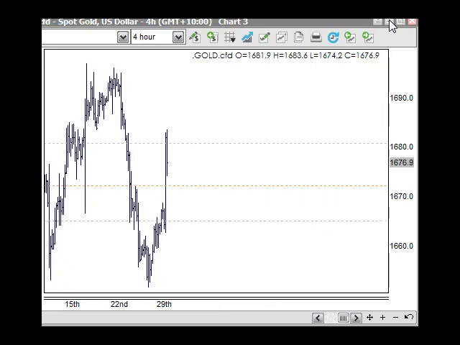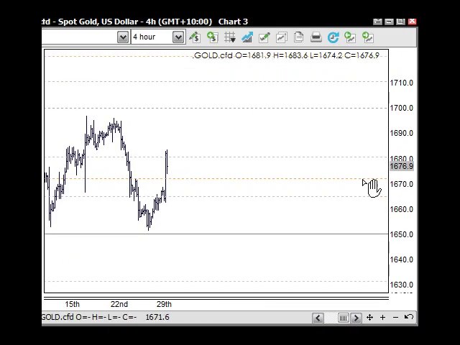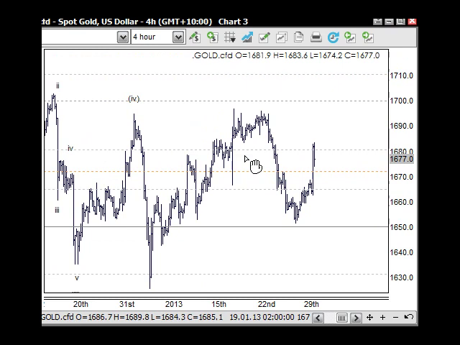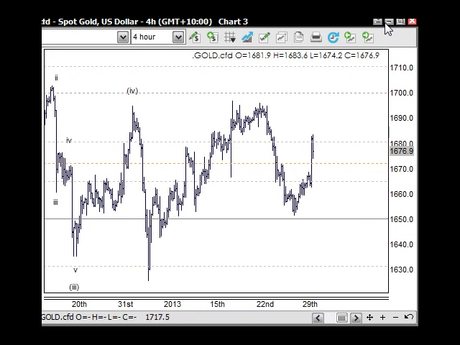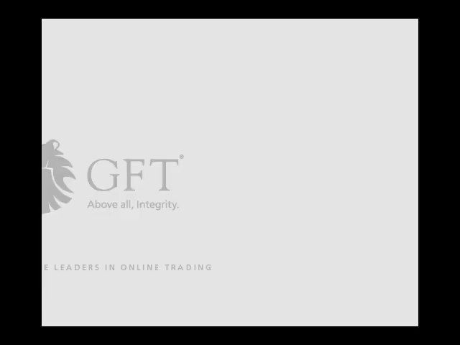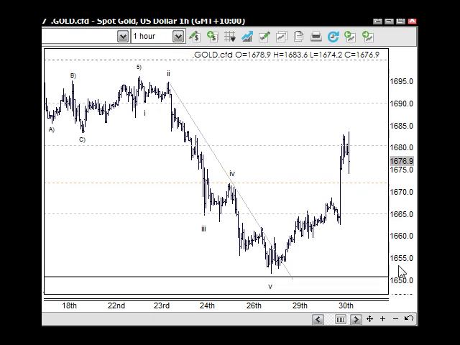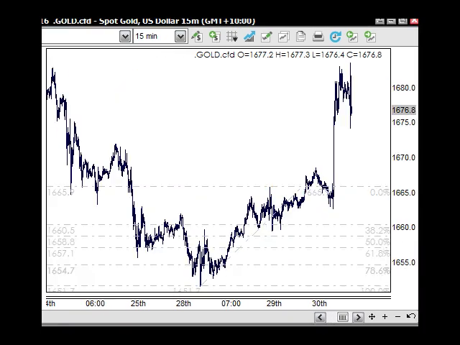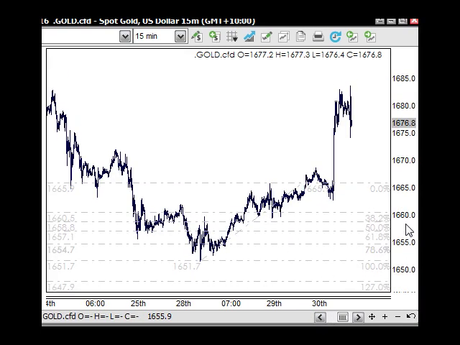So in looking at the gold here, let me just find my charts. Okay, so from the 1650 here, the medium level that we were looking at is the 15-minute chart. The other day we were counting 5 little waves up through here, so we knew that we'd have a correction.